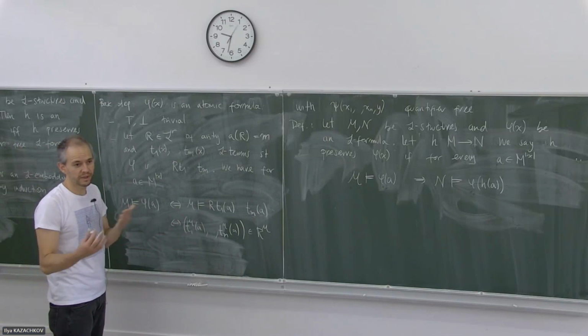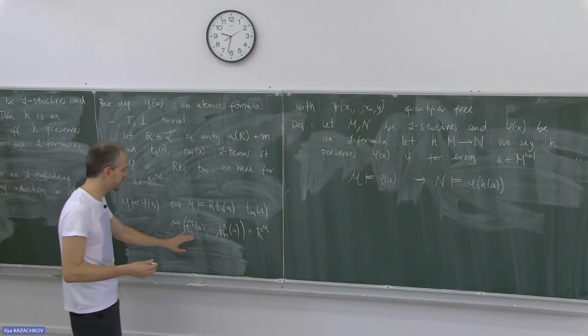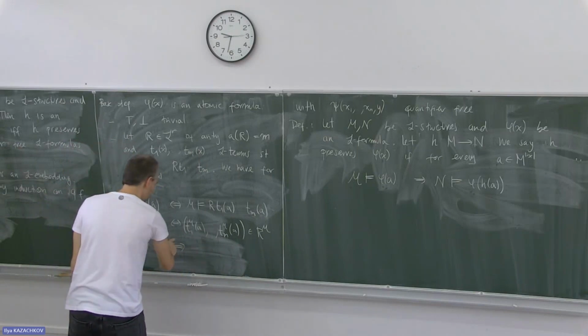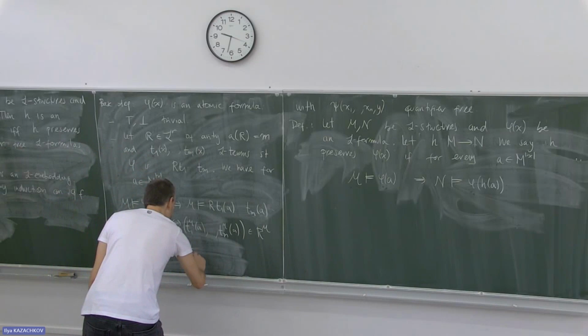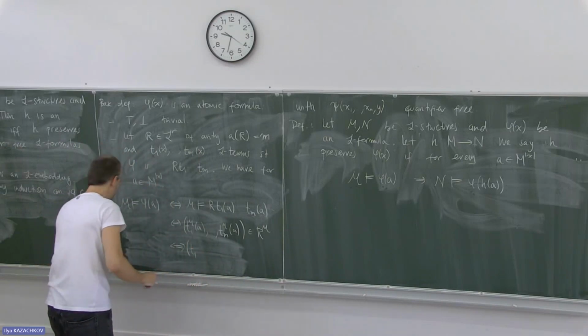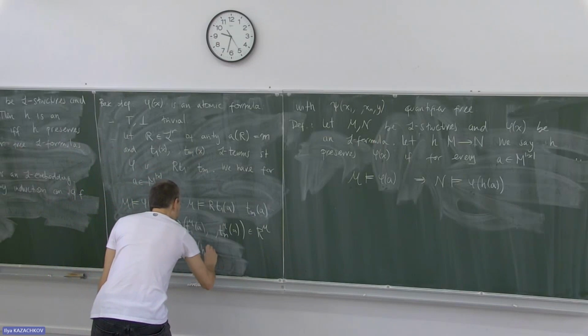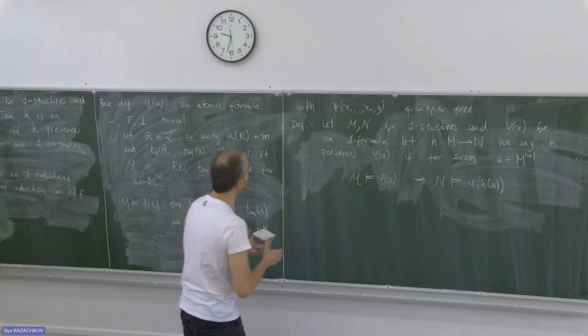An L-embedding was preserving precisely the relations here. Here we're using two things. I'll tell you exactly what we're using here.